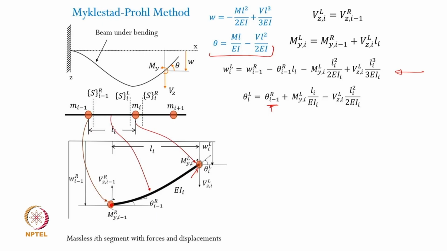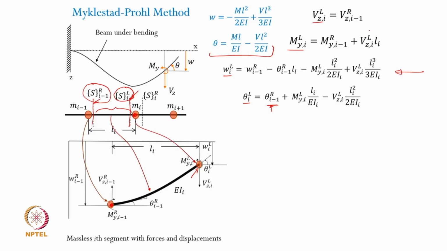Now what is our overall objective for relating the state vector on the left side of the ith mass to the right side of the i minus 1th or the previous segment's mass, is to establish this matrix which defines the segment here, okay. So therefore I would like to write all these parameters, okay, on the left side, that is this particular state variables in terms of the state variables on this side.